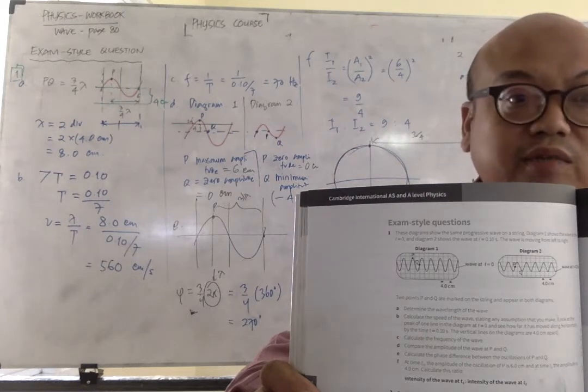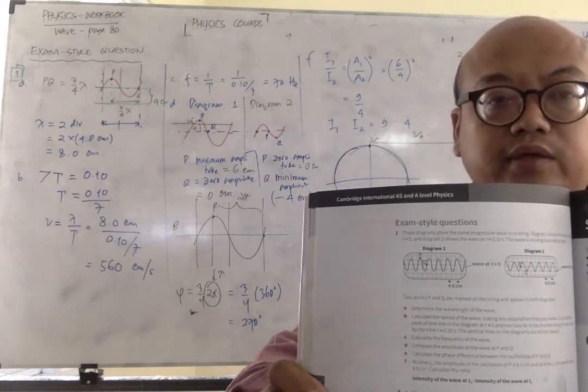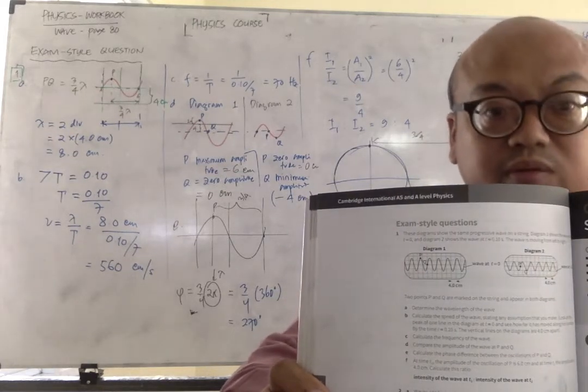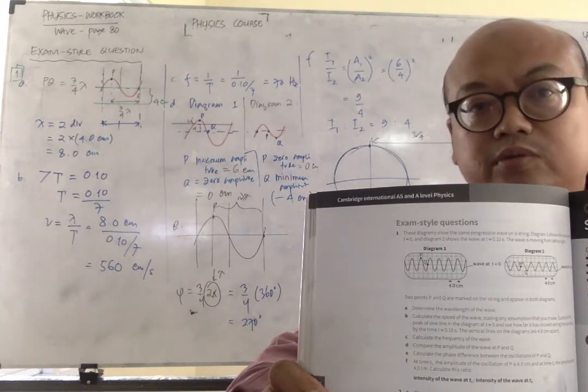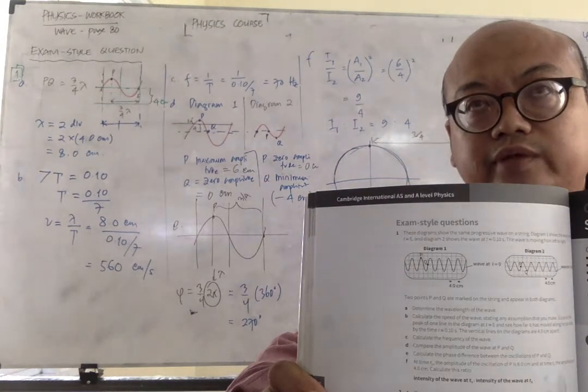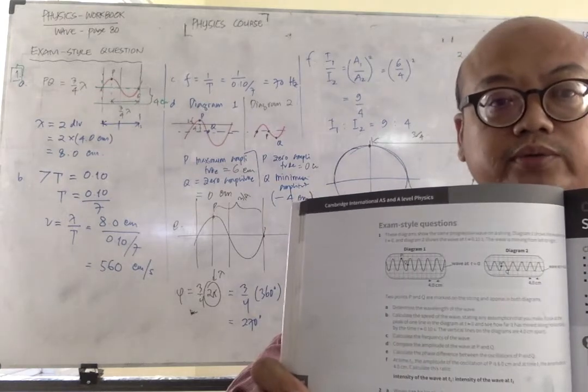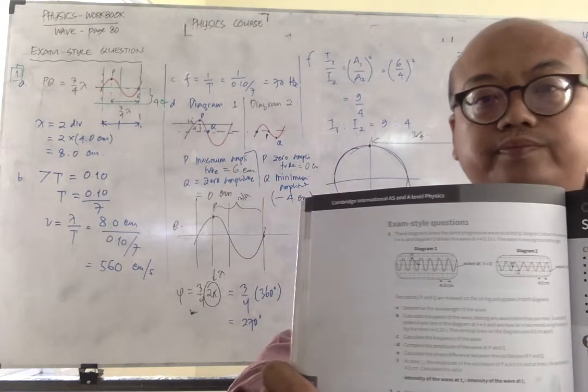They differ in amplitude. The amplitude in diagram one is smaller than in diagram two. We have points P and Q on the transverse wave. There are some questions we need to discuss here.